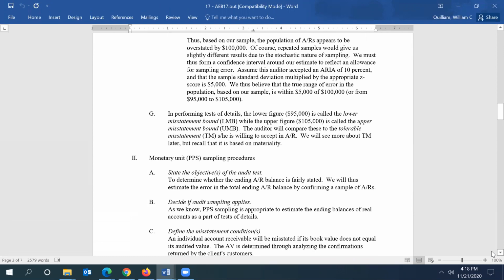And yes, I just made that number up, but that's okay. I don't want to worry about z-scores or standard deviations. We thus believe the true range of error in the population based on our sample is within 5,000 of, I'm sorry, of 100,000, or from 95,000 to 105,000.